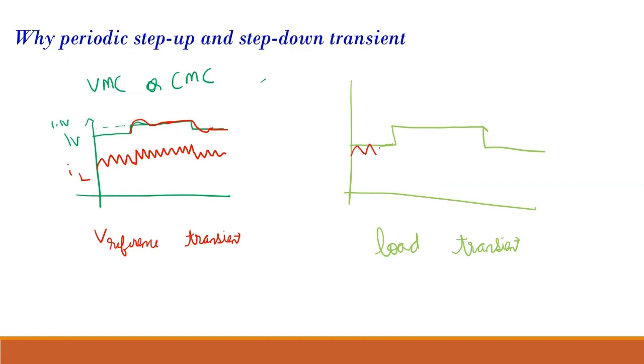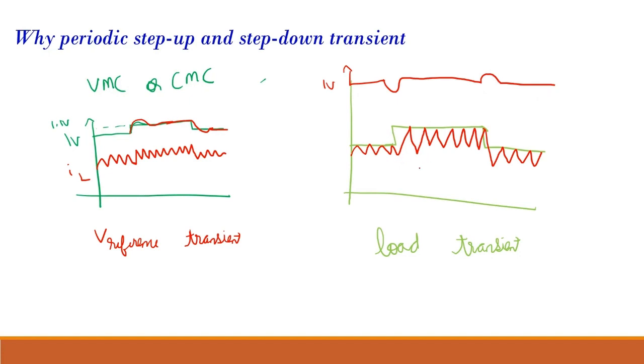It will go like this, then go like this. Again over here it will reduce and come back to this one. My output voltage, which was maintained at around 1 volt, will reduce when the load step comes, and then finally come back to its reference value. When the load step down comes, it will increase and then finally come back to its reference value.